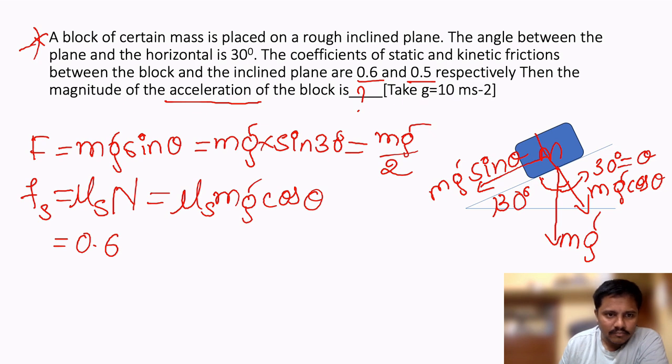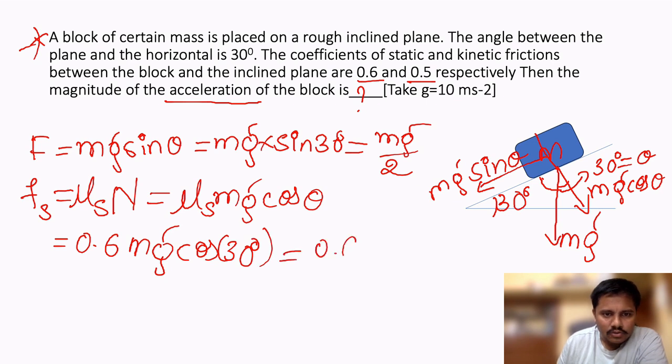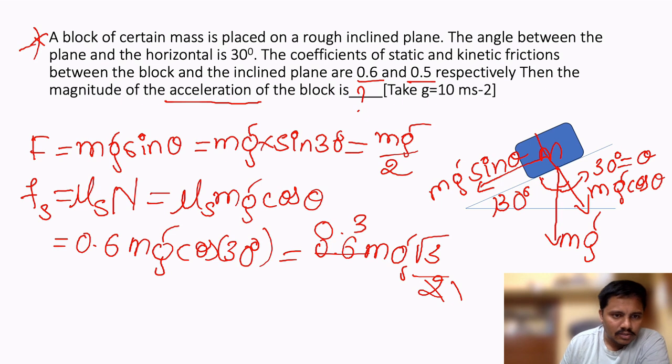Then keep mg as it is, and cos of theta is cos 30 degrees. So we are going to get 0.6 mg, and cos 30 is root 3 by 2. The 2 and 0.6 give 0.3, and we are going to get 0.3 root 3.